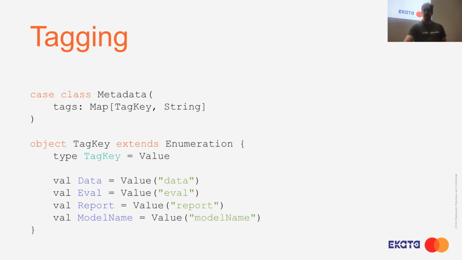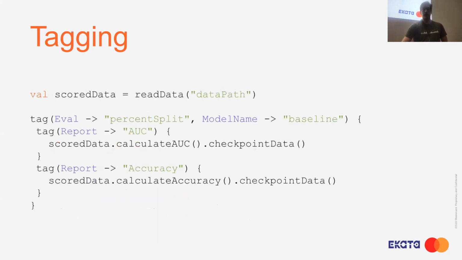So how does this work? How can we use this when writing our program? Yes, this specific example is really intrusive, but in practice, we don't have to tag such a small chunk of data, so it doesn't really affect the readability. So we have our read data, and now we put everything in a tag block where we say that the evaluation is the percent split and the model name is baseline.